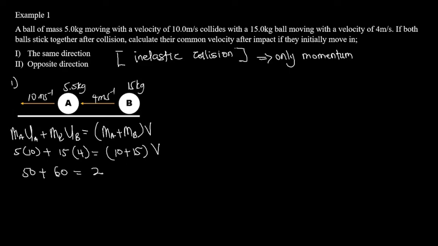This should be equal to 25 V. Now if we add 50 to 60, we get 110 equal to 25 V. So we divide both sides by 25. We get our final velocity after the collision to be equal to what? If we punch 110 divided by 25 into our calculator, let me do that.